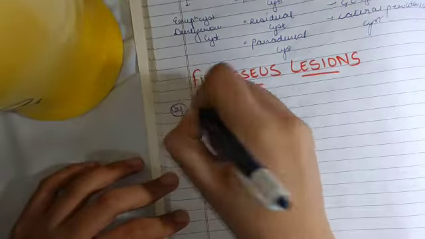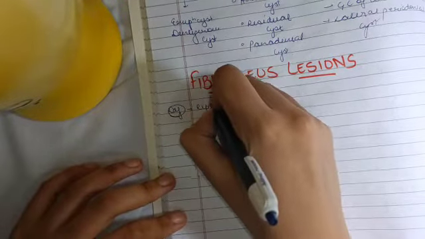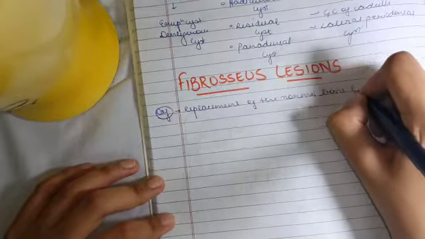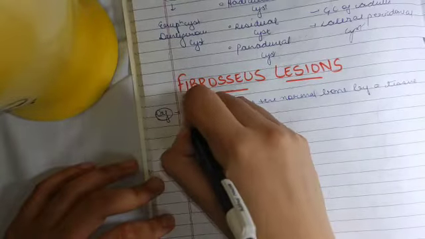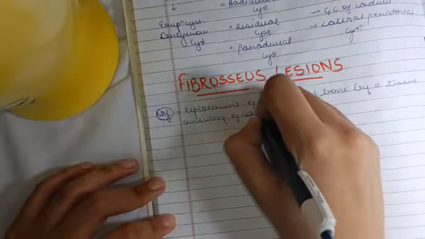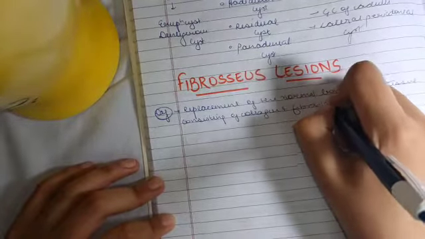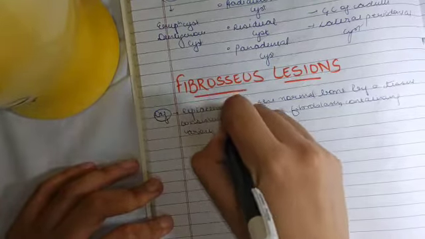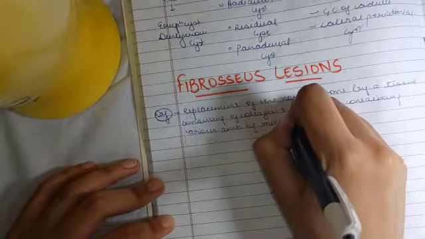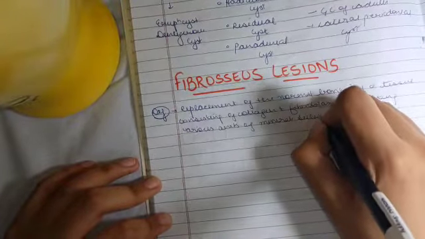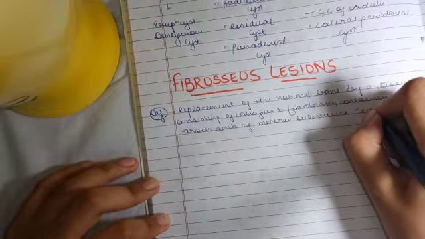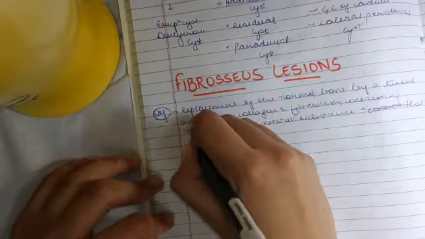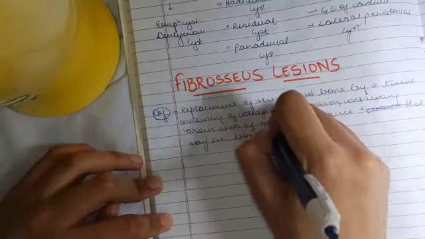Now, in the definition of fibro-osseous lesion, you must mention that it is the replacement of the normal bone by a tissue consisting of collagen and fibroblasts containing variable or various amounts of mineral substance, cementum, that may be bony or cementum like.